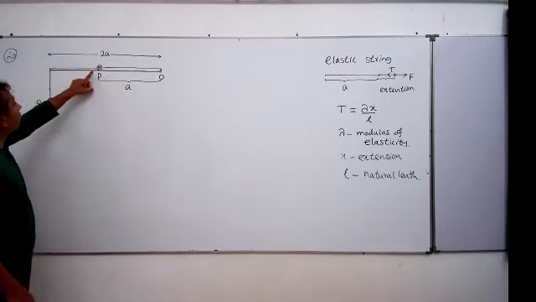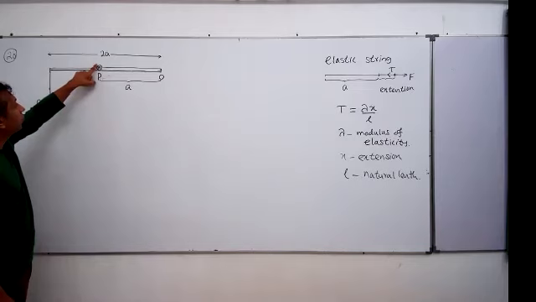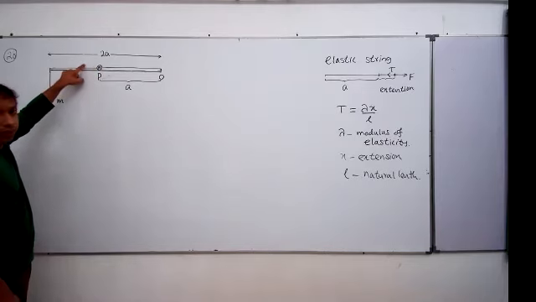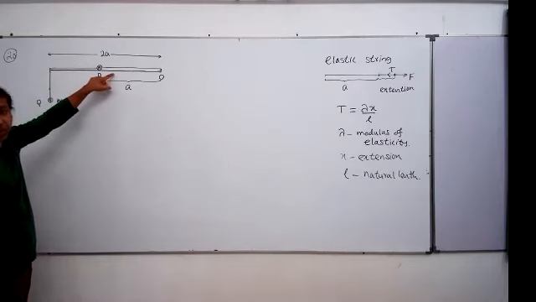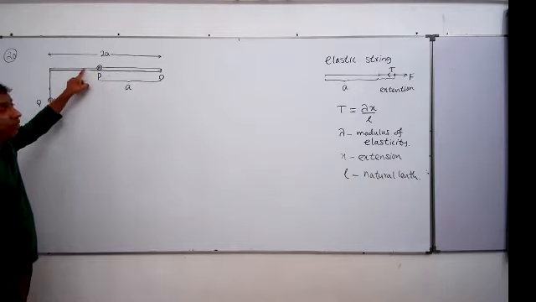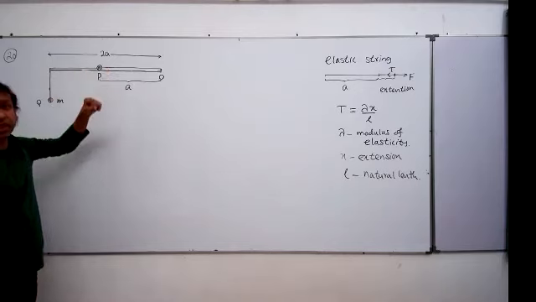That tension acts on the particle P. Because of that tension, the particle P tries to move in this direction. You know this elastic string is at the moment at its natural length A. Once the particle P tries to move leftward, the elastic string will get an extension.